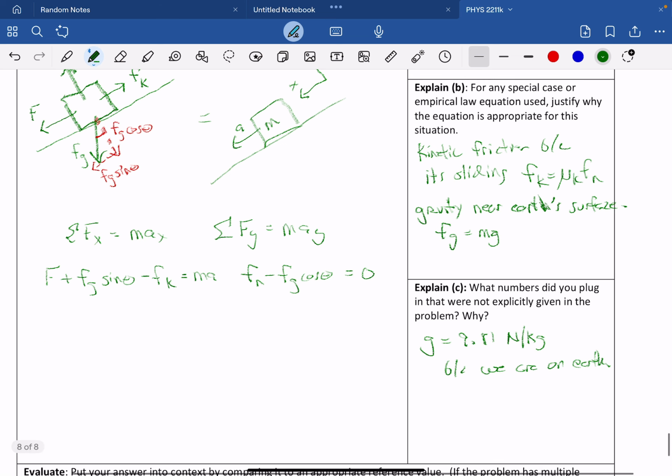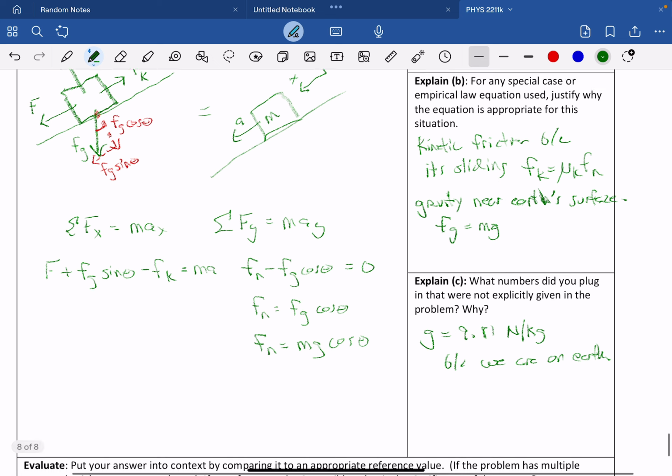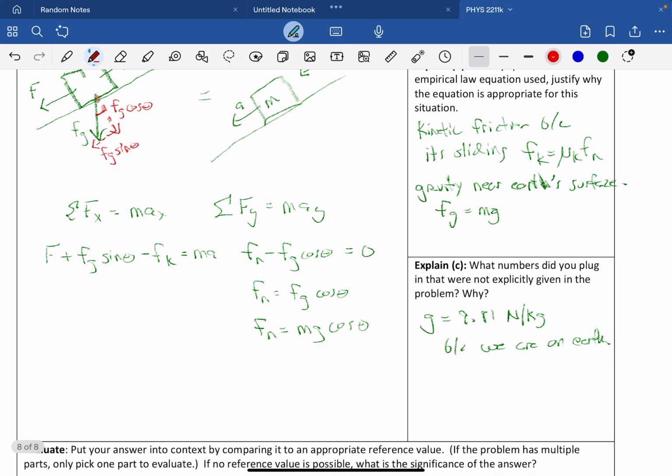All right, when working these problems, it's usually best to start in the y direction, and we can find out that the normal force is equal to the force of gravity times cosine theta, which means that the normal force is equal to mg cosine theta, and then we will use our friction equation right here. So I'm going to mark this with a 1 just to know that that's where I used force of gravity is mg.